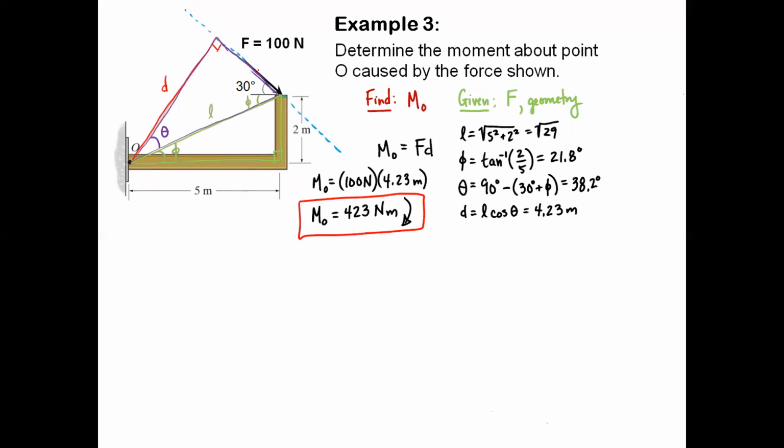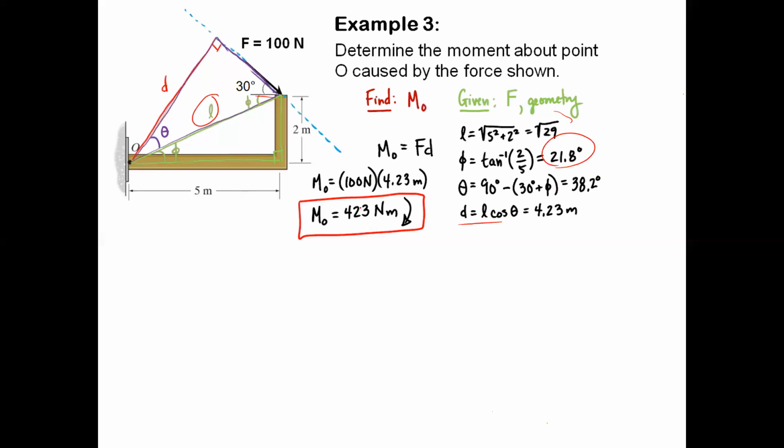But just to show you how painful it is, you would need to find this distance L, which becomes the hypotenuse of this triangle with D in it, right? So that's going to be the square root of 5 squared plus 2 squared, square root of 29. Phi is this angle here, arctangent of 2/5, 21.8. Then you can find theta. Yikes, pretty painful to do all this stuff. Are we sure we're going to get that right every time? Probably not.